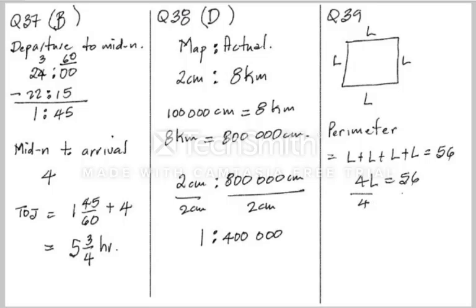Divide both sides by 4. L is equal to 14. So the area of the same square would be length times length, which is 14 times 14, which is 196. The answer there is D.